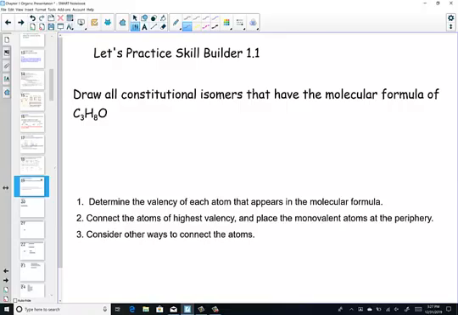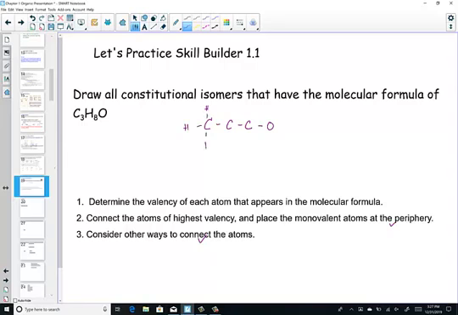Let me give an example. One possible way is to hook the 3 carbons together, forming a straight chain of 3 carbons. We could then place an oxygen at the end, and then remember to use the hydrogens as peripherals, just to fill the octet of all of the remaining atoms.